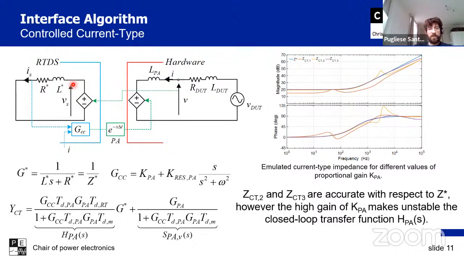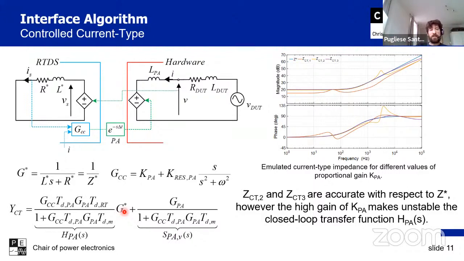In an ideal case, if there were no delay and the control bandwidth of my current controller could be set as high as possible, infinite, this term, the sensitivity transfer function, would go to 0, it should be as low as possible. While this transfer function here represents the closed loop, so it means that if I have an infinite bandwidth, the closed loop has a gain equal to 1 for a wide range of frequencies. So at the end, ideally, the equivalent output admittance will be equal to G star. So I'm exactly representing my plant.